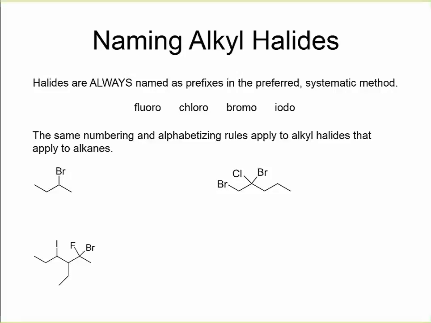Let's walk through a few examples. For the first compound, I would number it right to left so that the bromine has the lowest possible number. This would be 2-bromobutane. For the molecule on the right, I would number it right to left so that the first substituent has the lowest possible number of 1.